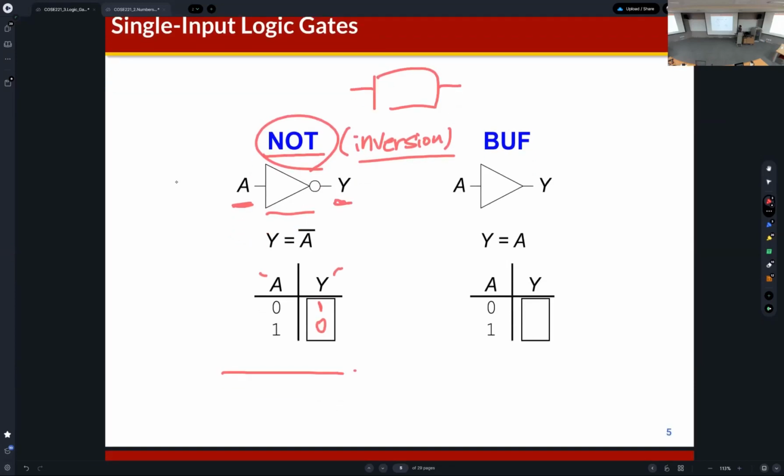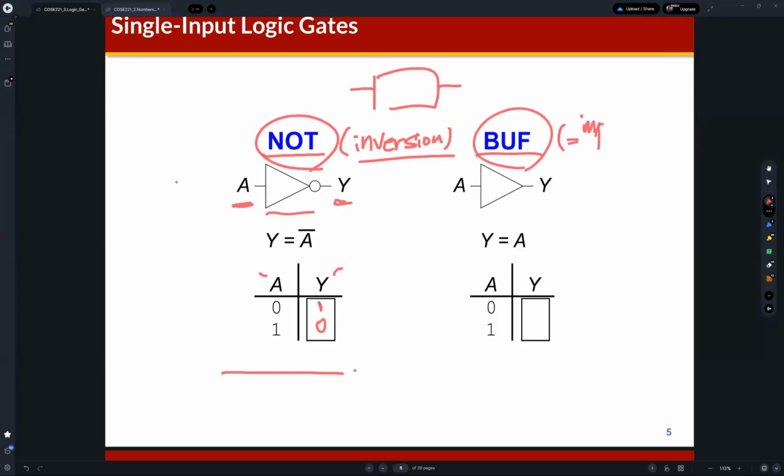And then the buffer. The buffer's output is the same as its input, which means the input signal is just delivered to the output of this buffer gate.